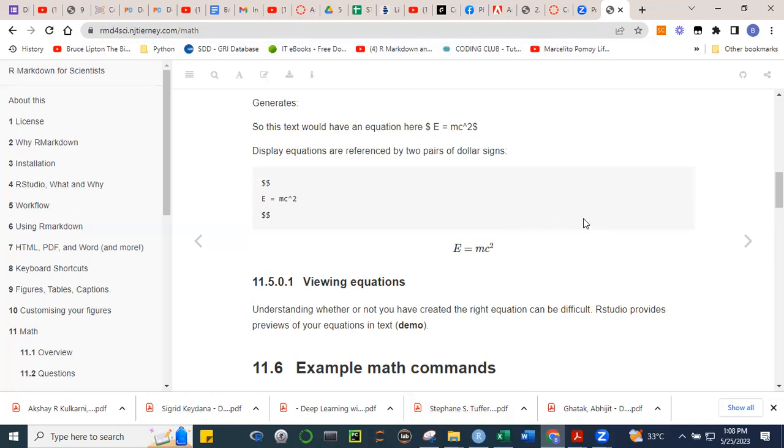But with the LaTeX program, we can write difficult mathematical models easily. So for example, this: it starts with a dollar sign and ends with a dollar sign, and then E is equal to MC squared. The opening is $2, the ending is $2.